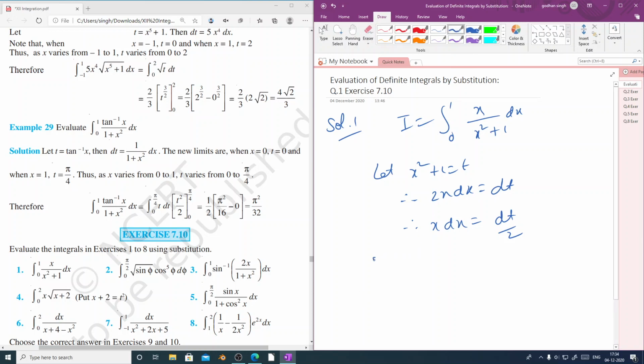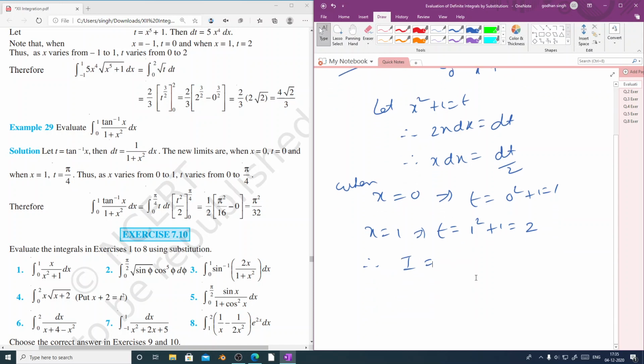So we will say that when x is equal to 0, this implies t is equal to, just put the value 0 square plus 1, that is 1, and when x equal to 1, this implies t will be equal to 1 square plus 1, that is 2.